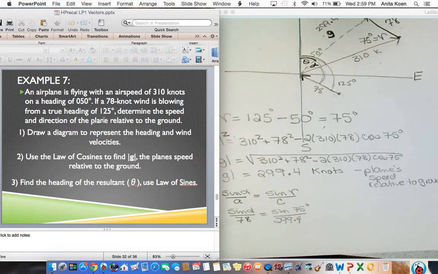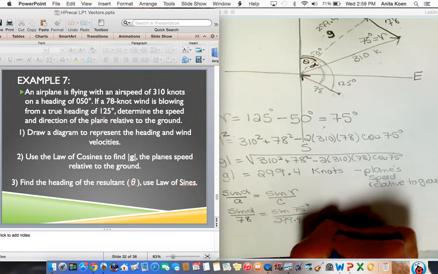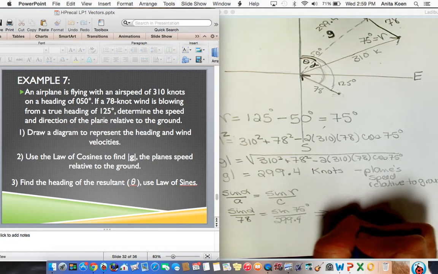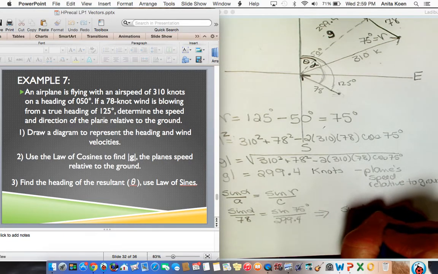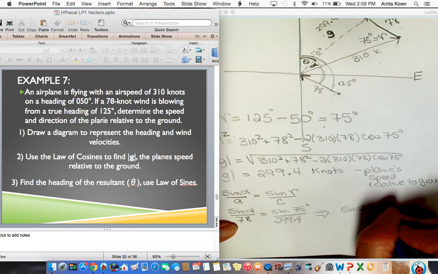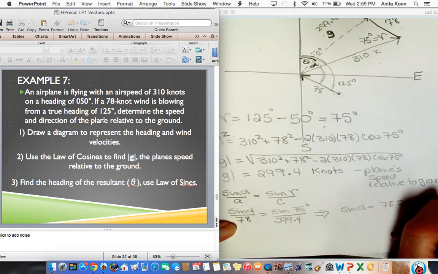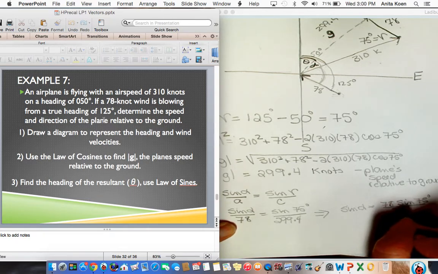Okay, then I'm going to cross multiply. So I'm going to come this way with it so that you can see what I'm doing. So the sine of alpha is equal to 78 times the sine of 75 degrees over 299.4.